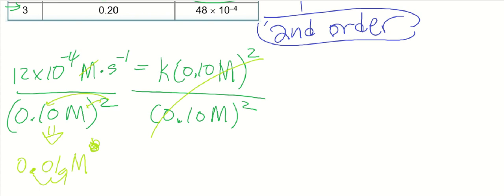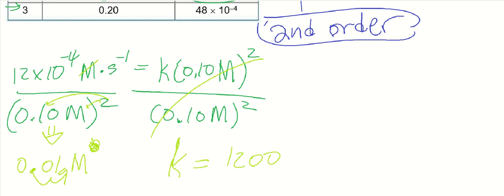Okay, so the answer, the K, little k, is going to equal 0.0012. Just move the decimal over because I did the same thing on the denominator.